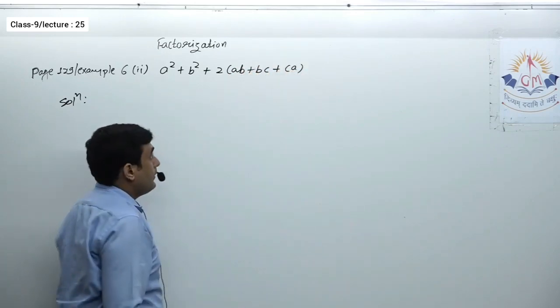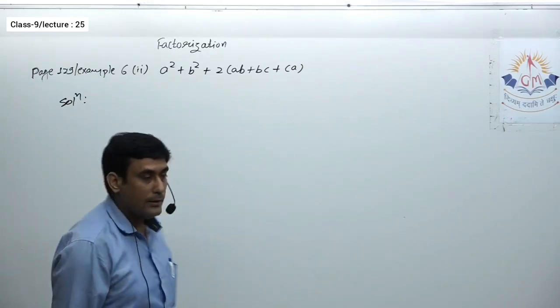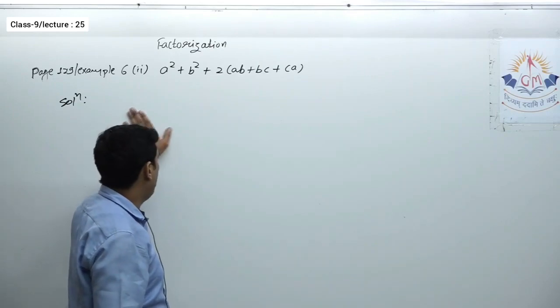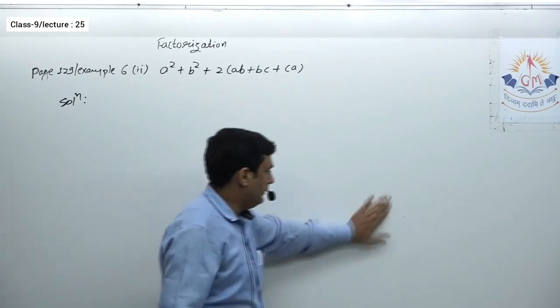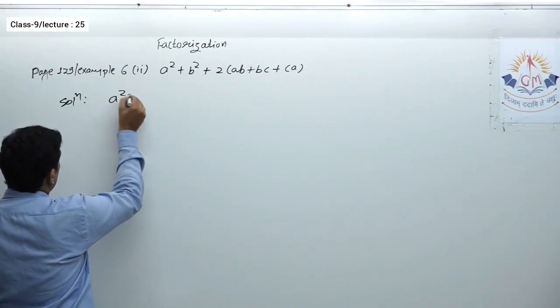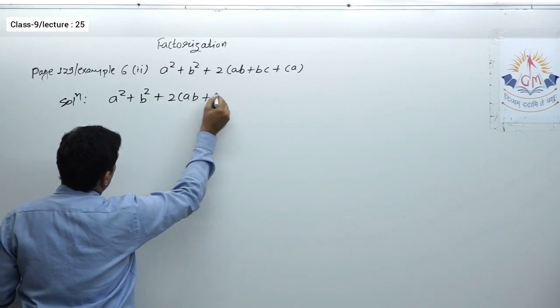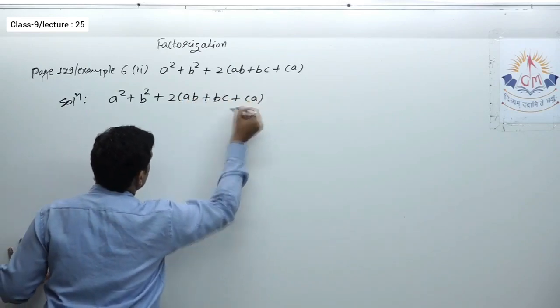Now this particular question has more than two ways to find its factors. So let us see the very first method, a square plus b square plus 2ab plus bc plus ca.